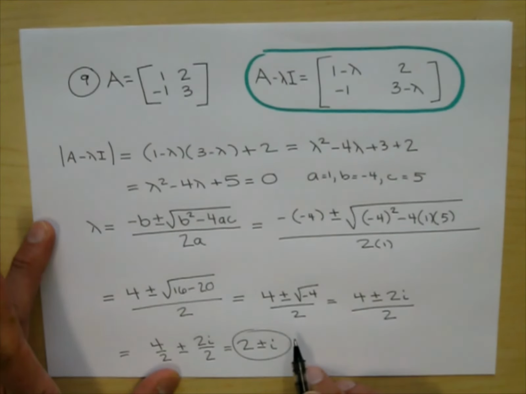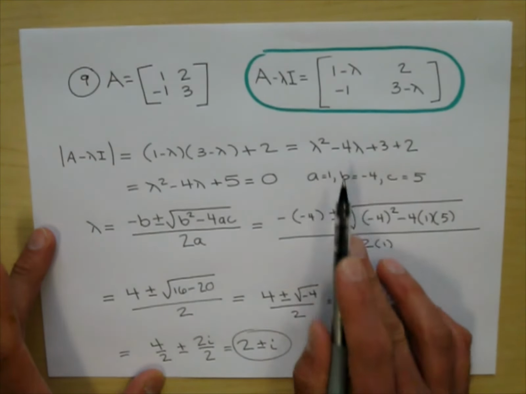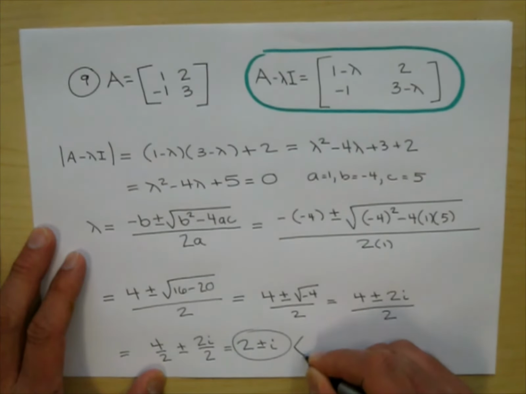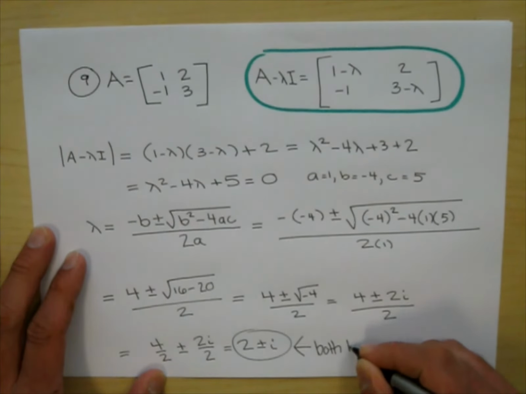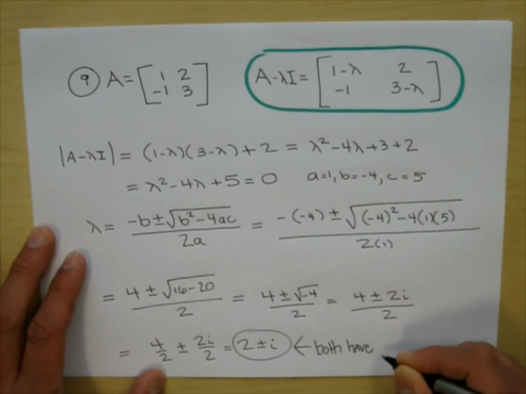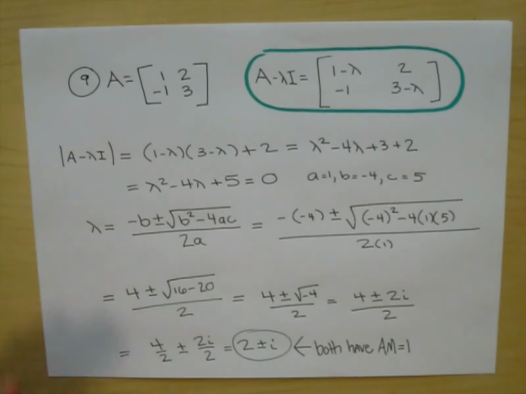By the way, this is a second degree equation, and there were 2 of them, so they both have an algebraic multiplicity of 1. Maybe I should say they each have, where's my whiteout?